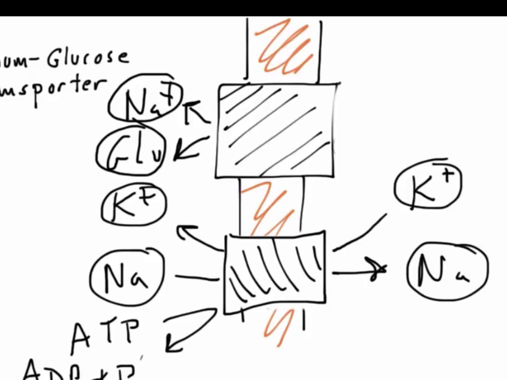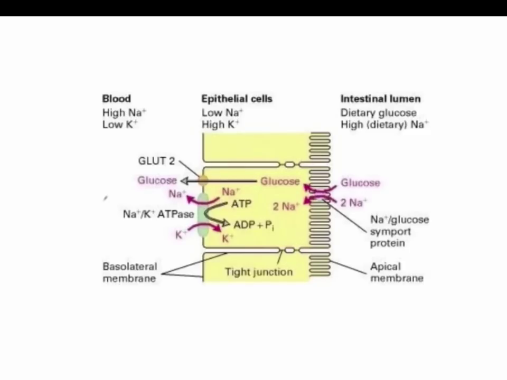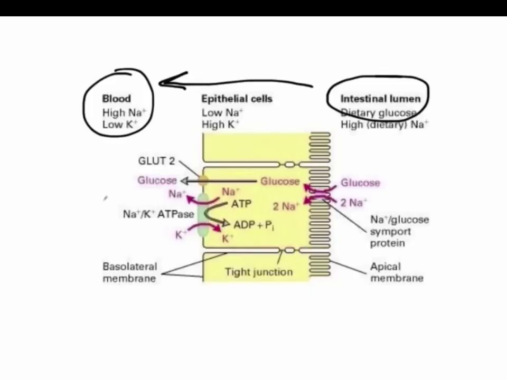So let's look at the transport of glucose across the intestinal epithelial cell to see how these transporters work together. And this is on page 4 of your handout. And this shows an intestinal epithelial cell with the glucose being transported from the intestinal lumen into the epithelial cell and across the cell into the bloodstream.